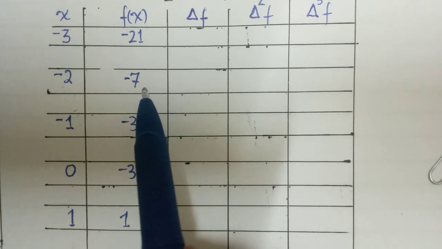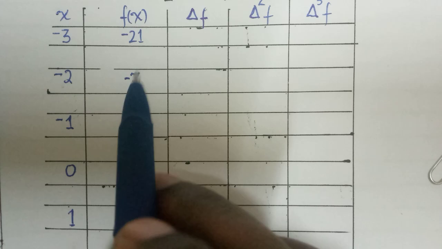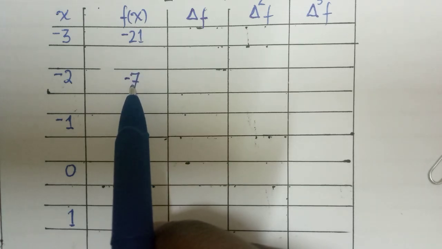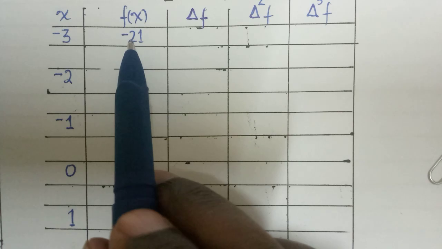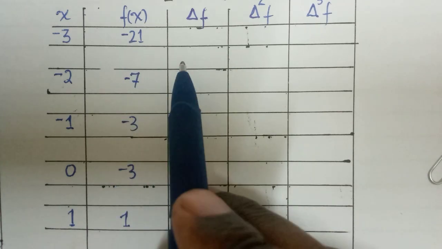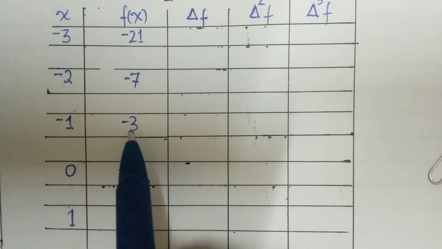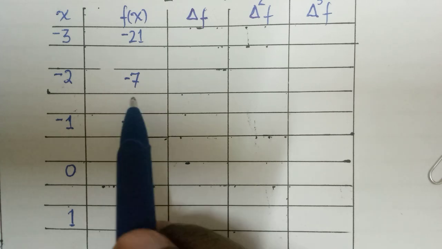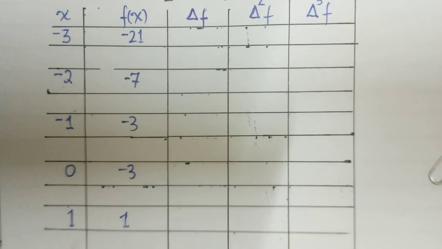So when we come here, guys, we usually subtract this value from this, so that now we shall say minus 7 minus 21. So whatever value we get, we write here. We come to this value the same way, minus 3 minus 7. We write the value here. The same case with all others.